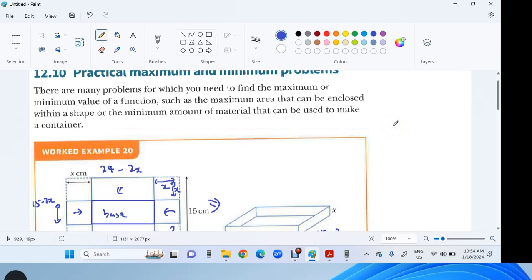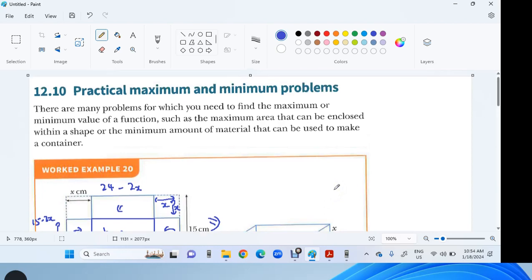The real life problems in mathematics, a lot can be solved using dy/dx maximization. So the main application for dy/dx is maximum and minimum.